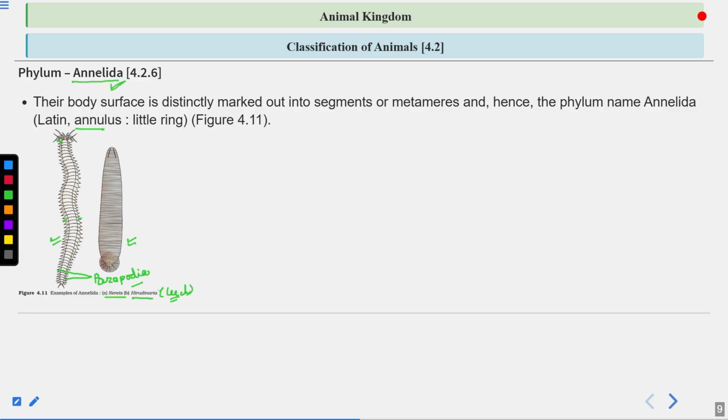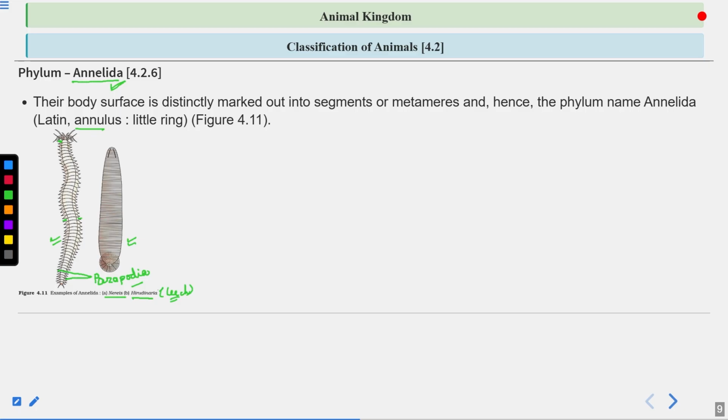What is the meaning of Annelida? Annelida means ring-like segment. And that is why this phylum is also known as segmented worm. So three worms you now have: flatworms, Platyhelminthes; roundworms, Aschelminthes; Annelida, segmented worm, right?